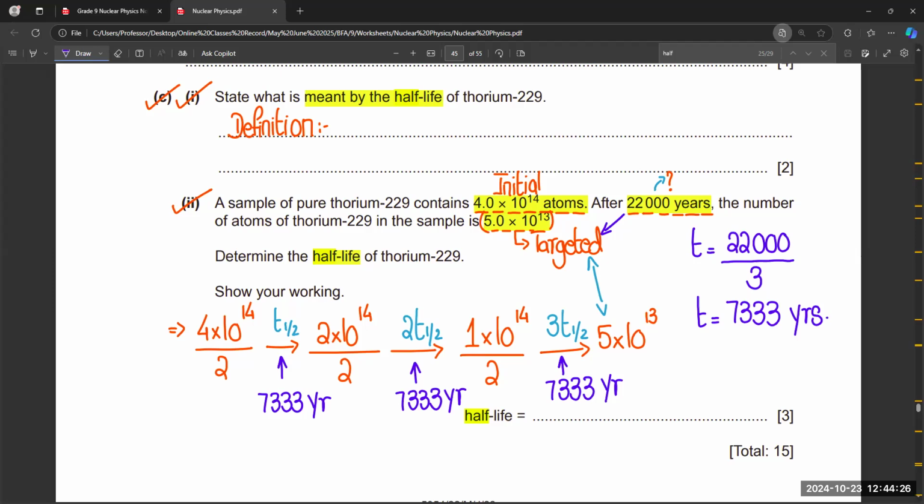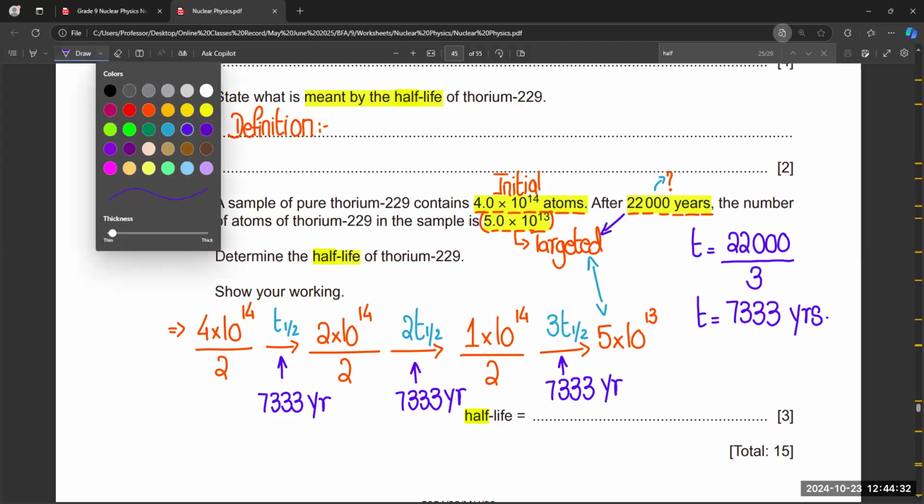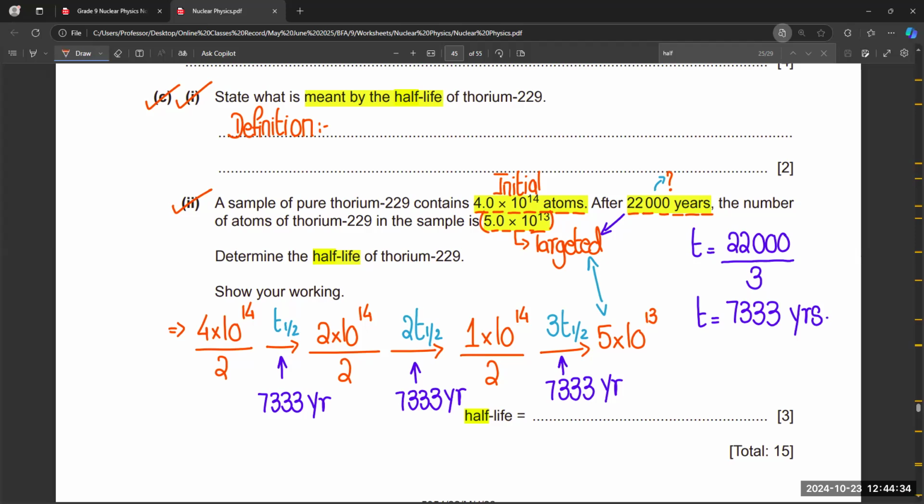So they actually just want to ask how much time it takes for each half-life. Yes, for each half-life. Like how many years does it take to get to its half? Exactly.